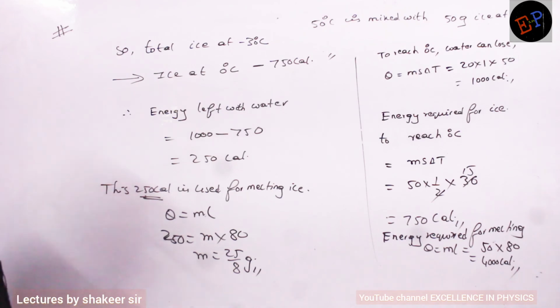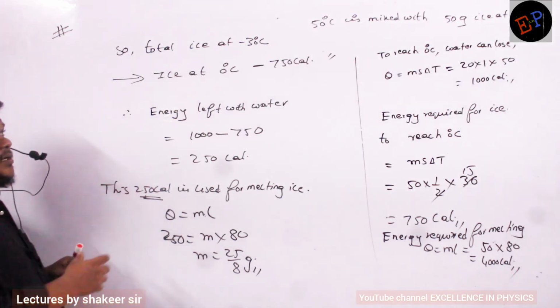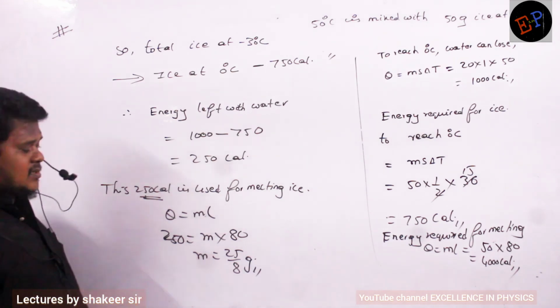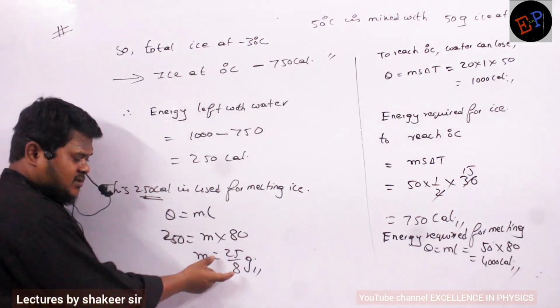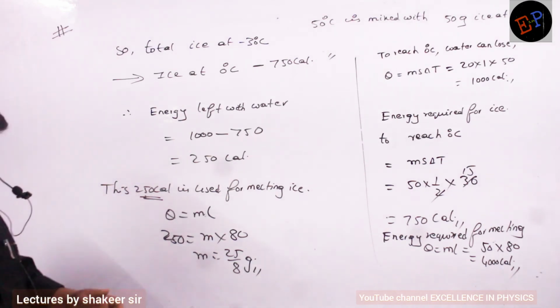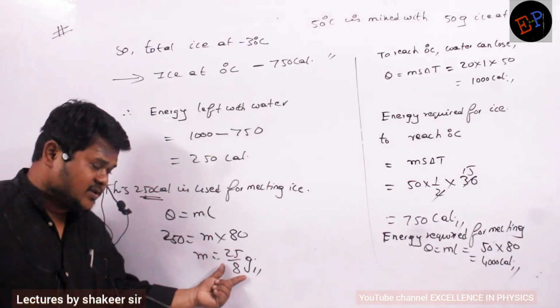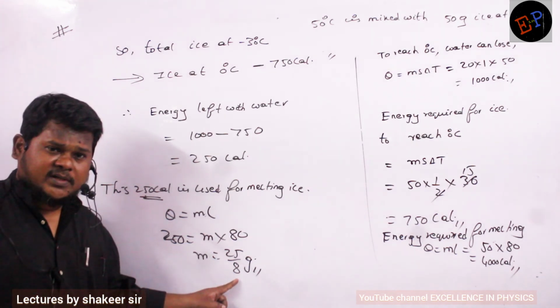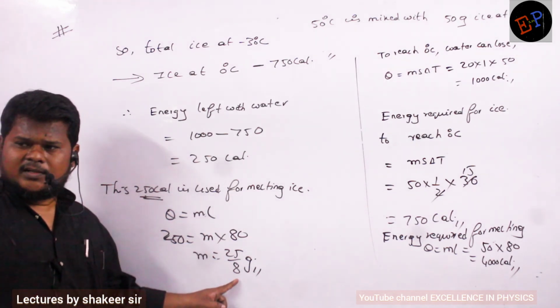Clear? So out of total, how much ice? Out of 50 grams of ice, only this much of ice will melt. After melting, what is its temperature? 0 only.